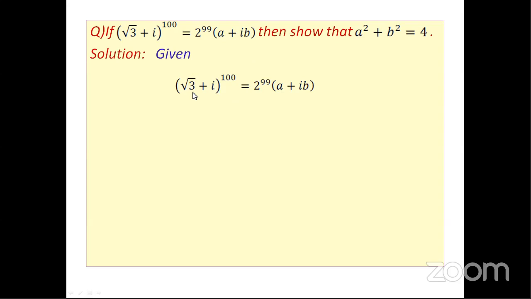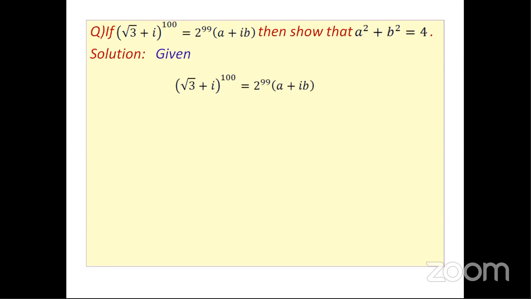That is, you can take modulus on both sides, or you can take √3 + i in modulus-amplitude form. Then you can compare it, but it will be too lengthy. If the problem is given in your IPE exam, sometimes it may be given for 2 marks also. For that reason, we will go for a shorter version of the problem so that you can quickly get your answer.